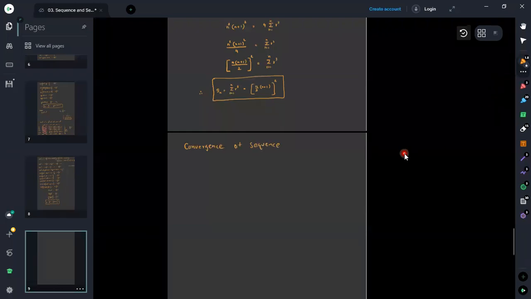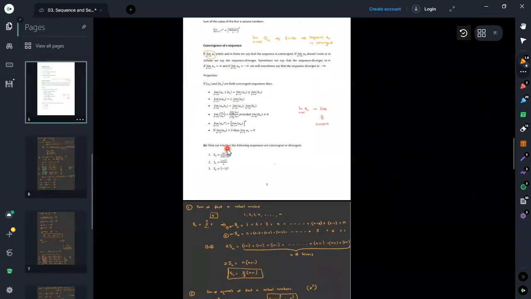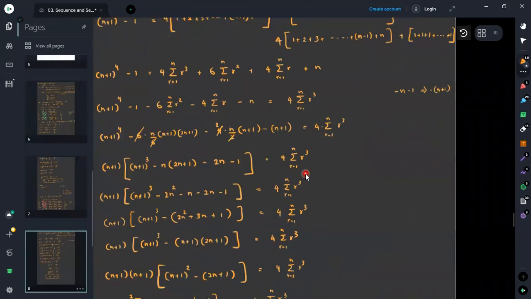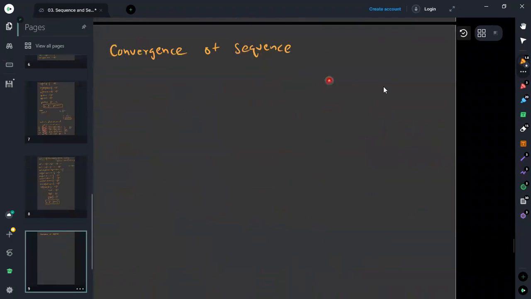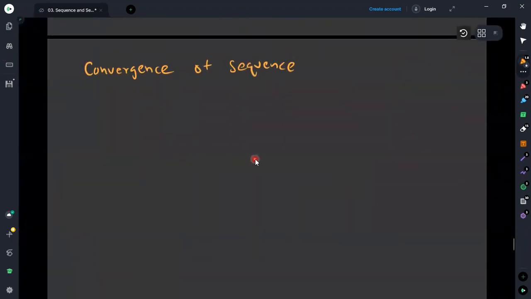We are discussing the convergence of a sequence.